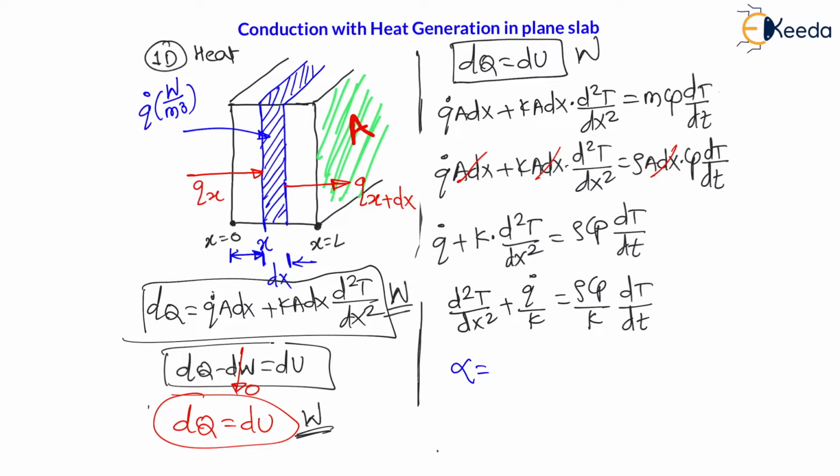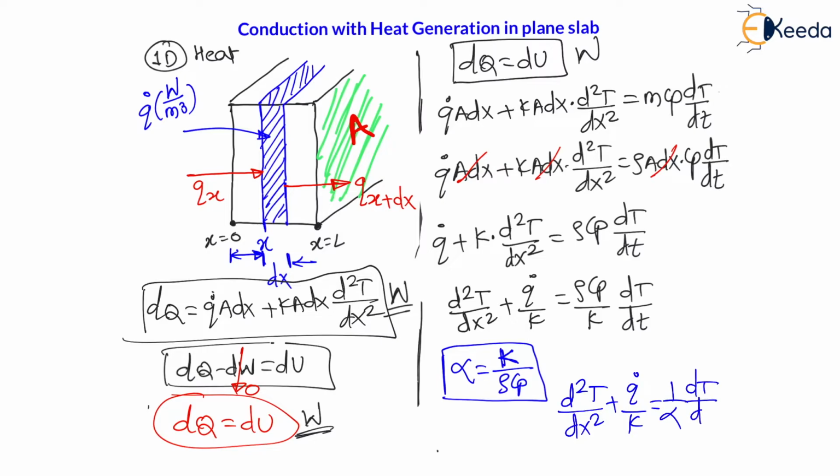Alpha is the ratio of thermal conductivity k to the heat capacity rho cp. Therefore this term is nothing but 1 upon alpha. Therefore the equation will become d2T divided by dx square plus q dot by k is equal to 1 upon alpha dT/dt. This will be your 1D conduction equation with heat generation.